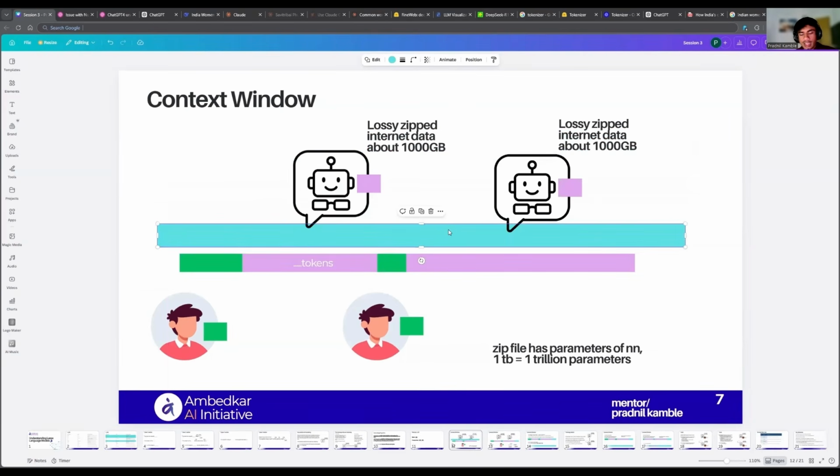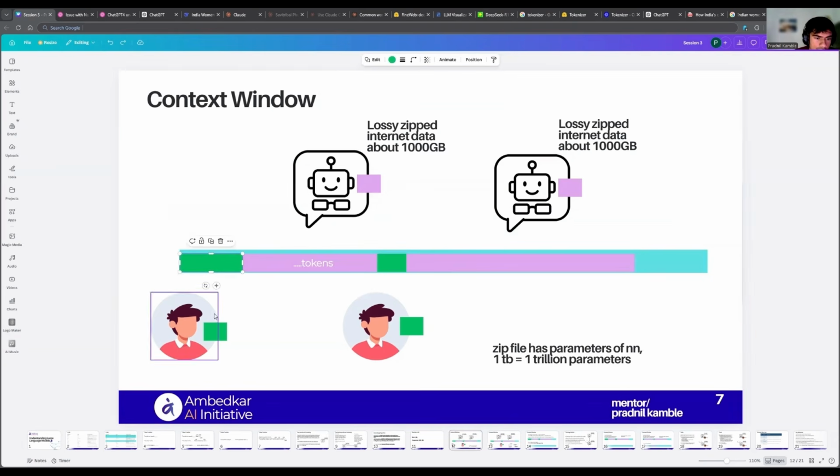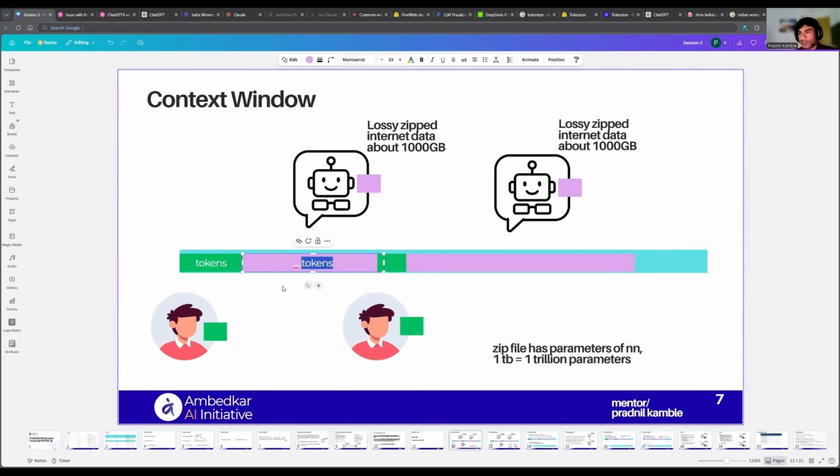But as soon as you type something, this green is my question, this is me, I've typed something. So I typed here, why is the sky blue, right? That was my question. So the model converts it into tokens, and the model responds in tokens. And the response is, of course, then also converted into human language, and it gives me an answer.